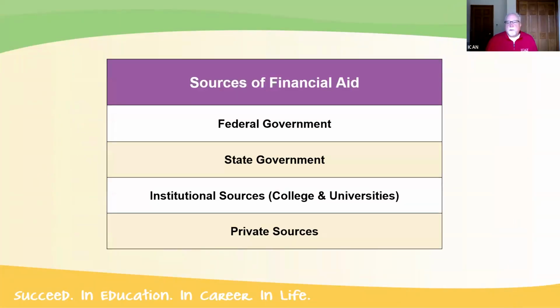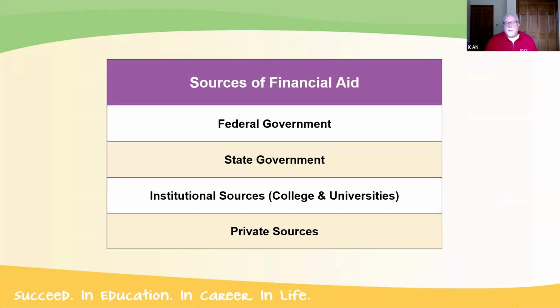These are the four funding sources of financial aid. There's the federal government, the state government, the college or university the student goes to, and there's private sources of aid. So you may find financial aid on these financial aid offers from one or more or all of these different sources. So I just wanted you to know where some of that money was coming from.